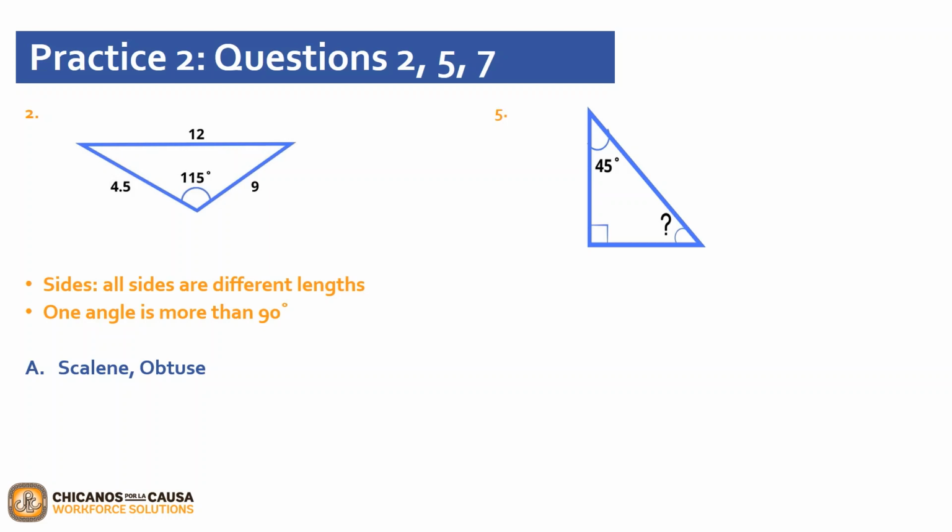So for question number 5, we're going to find the measurement of the unknown angle. So we have a triangle with a 90-degree angle, and then another angle 45 degrees, and then we have the third one that's unknown. So let's go ahead and calculate it.